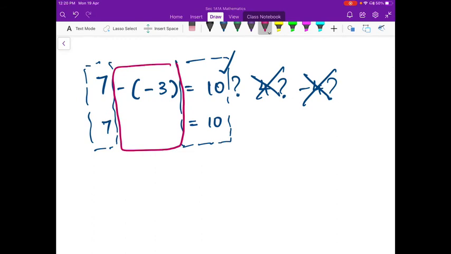Plus 3? All agree? So what does this mean about minus negative 3 and plus 3? Yeah, these two are the same. The minus negative 3 is the same as plus 3. Yes? What do you put, a minus?